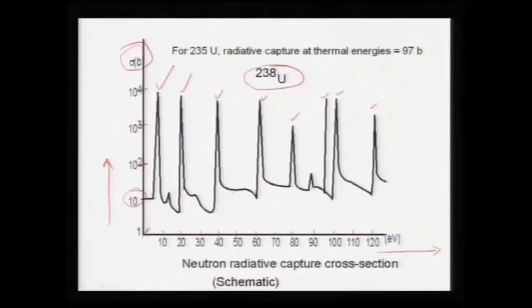In contrast, if you think of uranium 235, the low energy neutrons can induce fission. We have seen the fission cross section of uranium 235. Lower the energy, larger is the fission cross section, but here also, in competition to fission, after absorption of a neutron in uranium 235, gamma rays may be emitted.